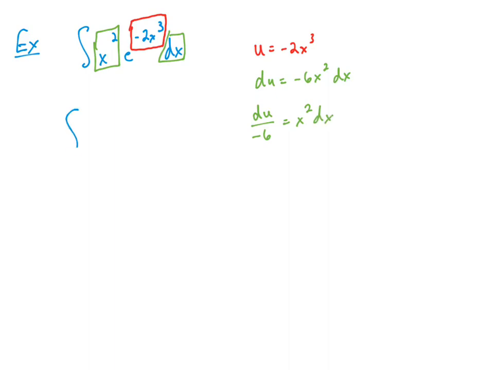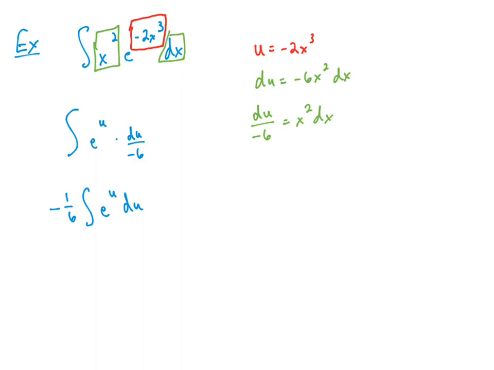So we're going to have the integral. u is negative 2x cubed, so this will be e to the u. And then x squared dx is going to be du over negative 6, and I'm going to bring out the negative 1/6, I should say. So e to the u, du.